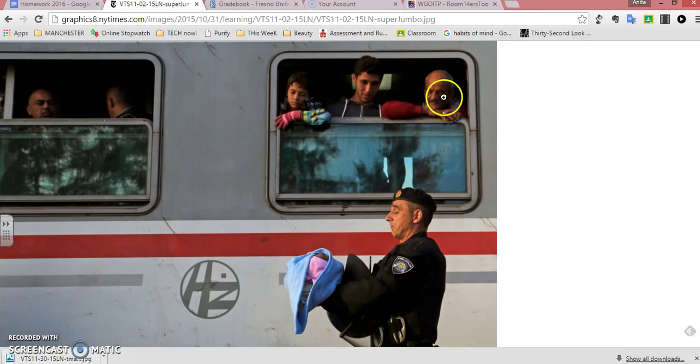We also know, by the way, these 3 people, and it looks like even this fellow, we've got 4 people looking out the window, and when you look at their line of view, it seems to be on the police official and the baby. So something's up with the baby. We can make that conclusion.